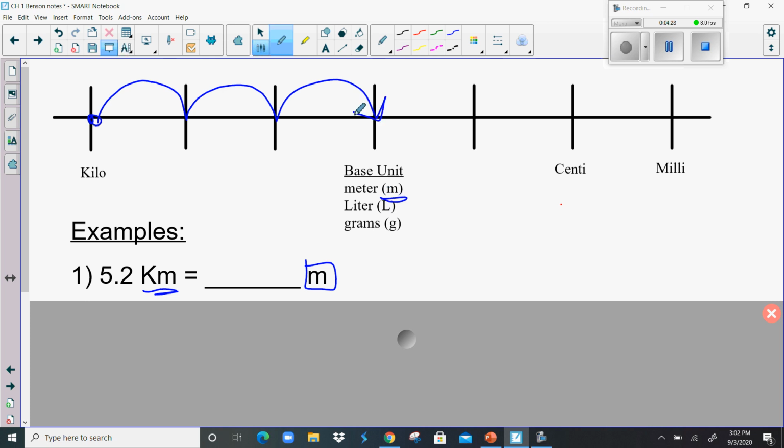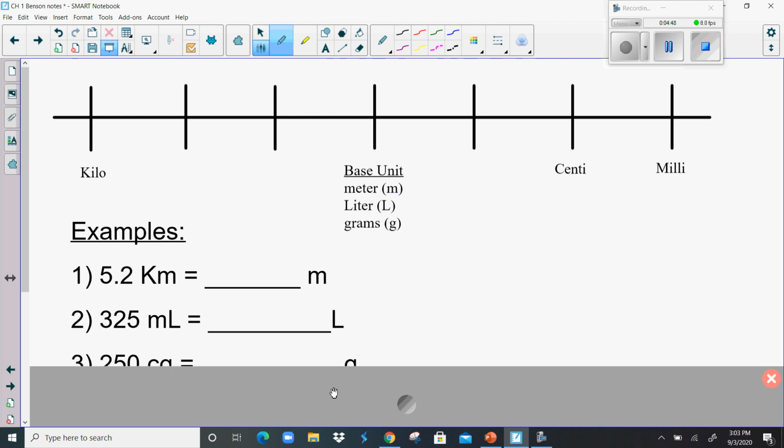I'm going to do the same exact thing with my decimal. Down here in 5.2, 1, 2, 3 to the right. So 5.2 kilometers is going to be 5,200 meters.